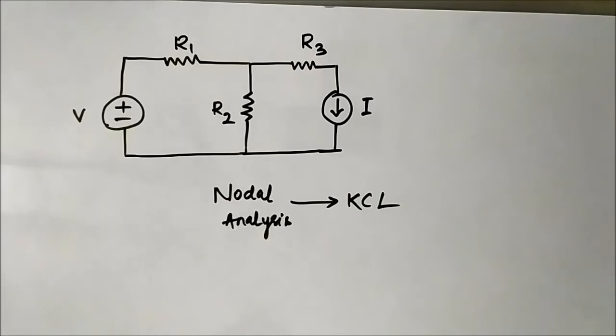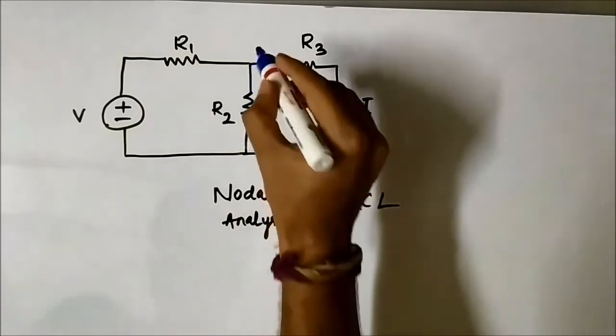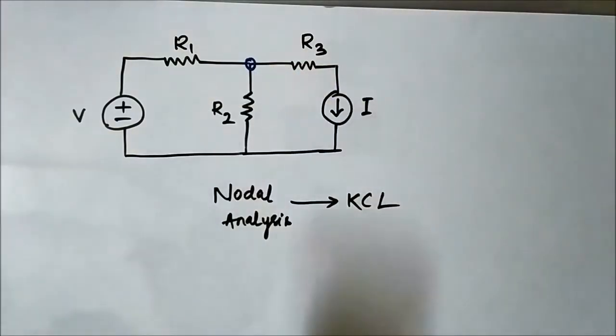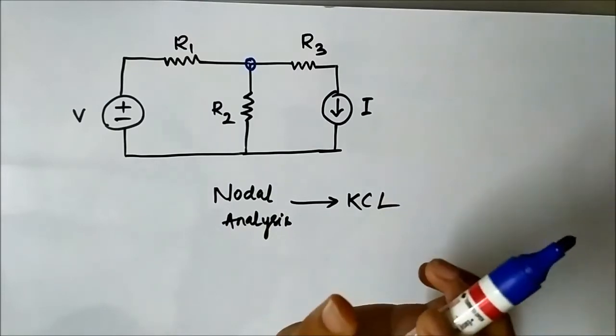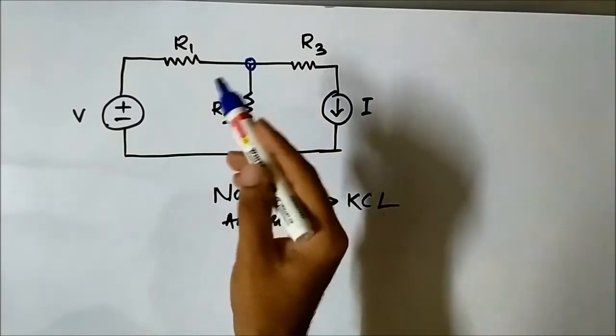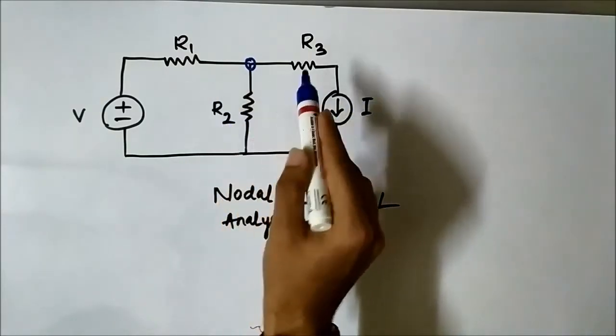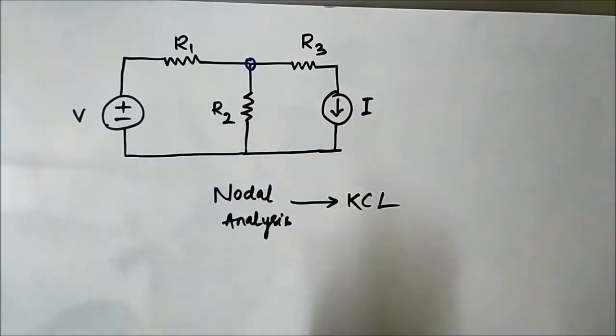Let us consider this simple circuit. It has an independent voltage source, an independent current source, and 3 resistors R1, R2, R3. Now here this is a node, a meeting point of many circuit elements, not just two. There is a voltage source and current source involved indirectly, but still it is a meeting point of more than 3 circuit elements.